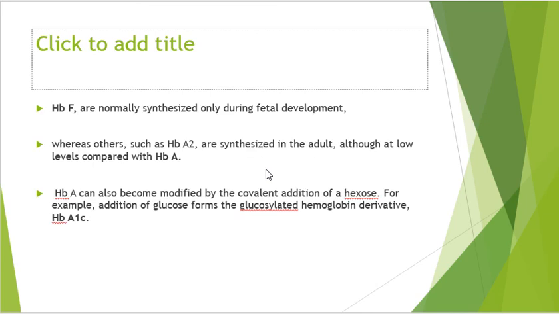Hemoglobin F is normally synthesized during fetal development, whereas others such as hemoglobin A2 are synthesized in the adult, although at a lower level compared with hemoglobin A, the major adult hemoglobin. Hemoglobin A can also become modified by covalent addition of hexose. For example, addition of glucose forms the glycosylated hemoglobin derivative called hemoglobin A1c, and this hemoglobin is very important for the study of diabetic patients.